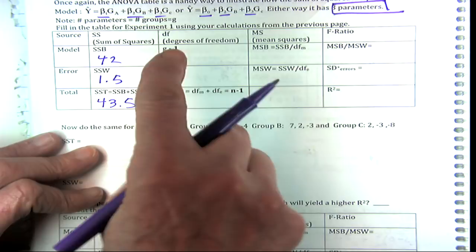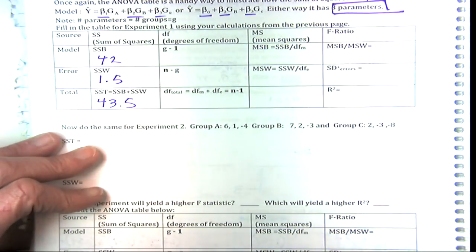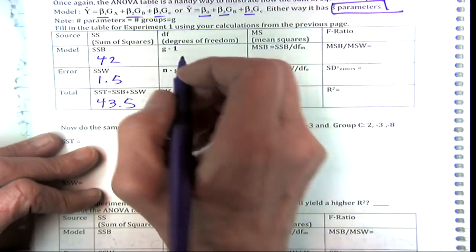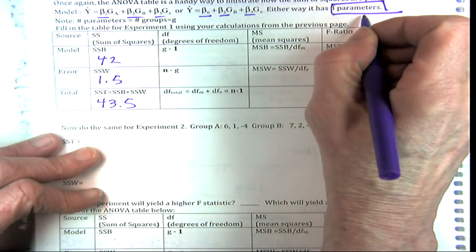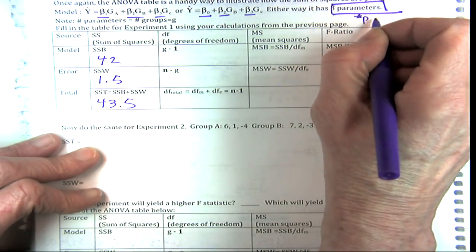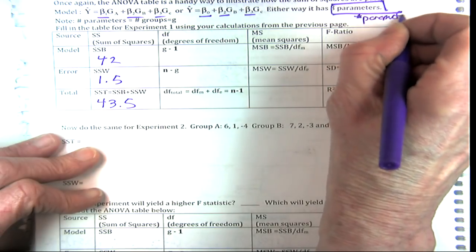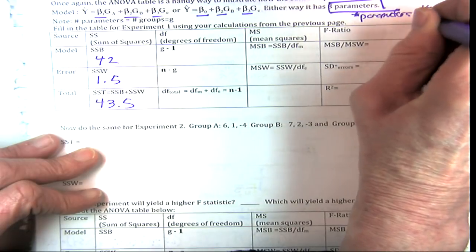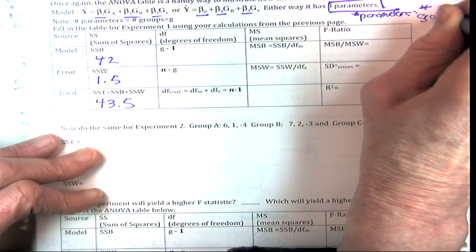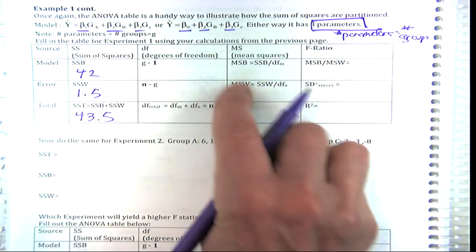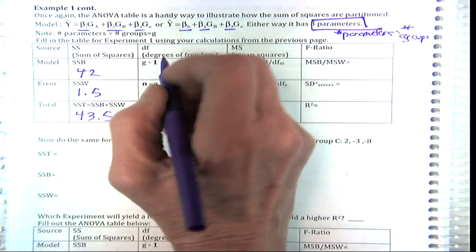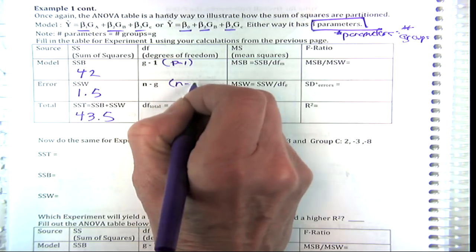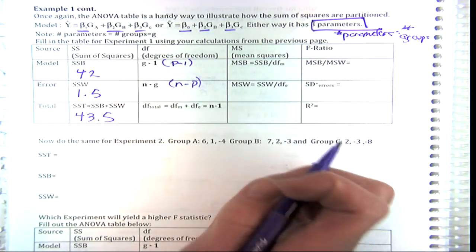And G is P. So here they call it G minus 1. It's the same as P minus 1. So number of parameters equals number of groups. Remember that. Then it's just like P minus 1. This is the same as N minus P. And this is N minus, it's just what you're used to.